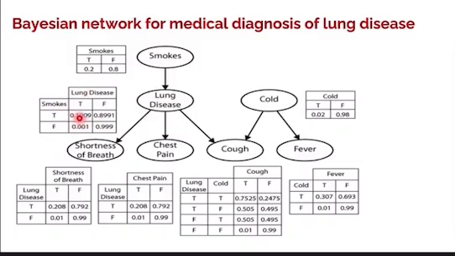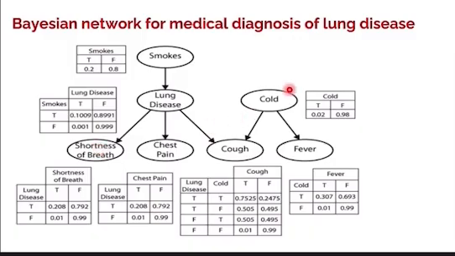This says 90% of those who do not smoke do not have lung disease, and 10% of those who smoke have lung disease. Each of these tables is called a conditional probability table. We figure each of these out from the data set that we have.